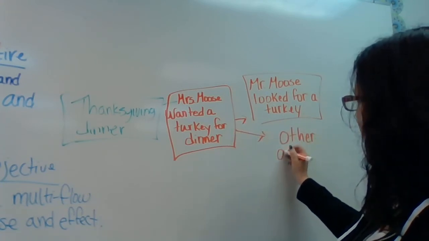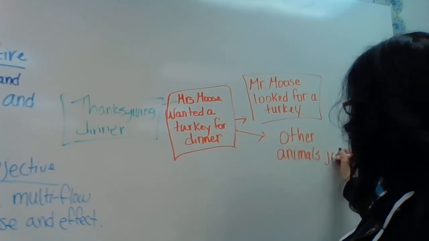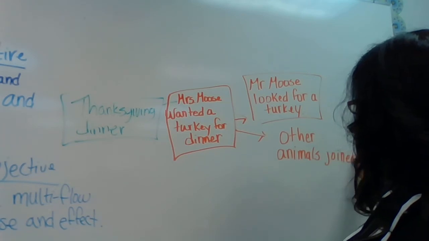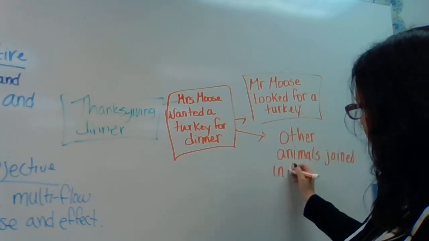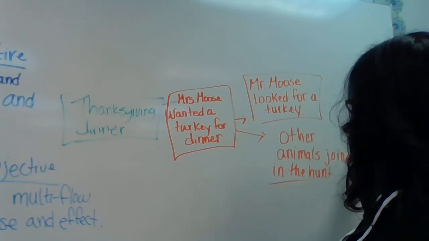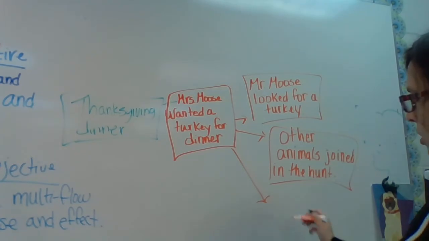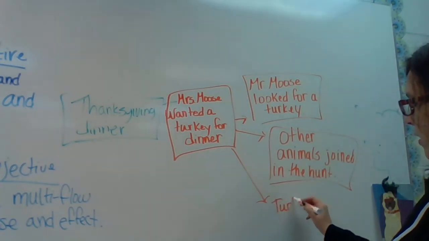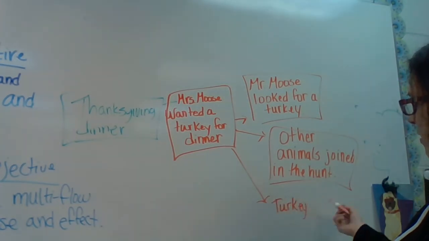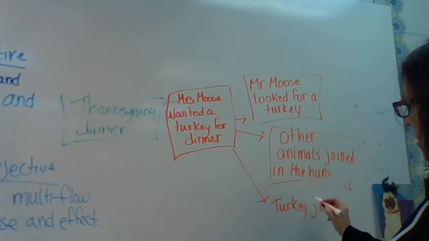That would also be an effect. And then our last thing would be Turkey joined him for dinner because they did find him, right? That could also be another effect.